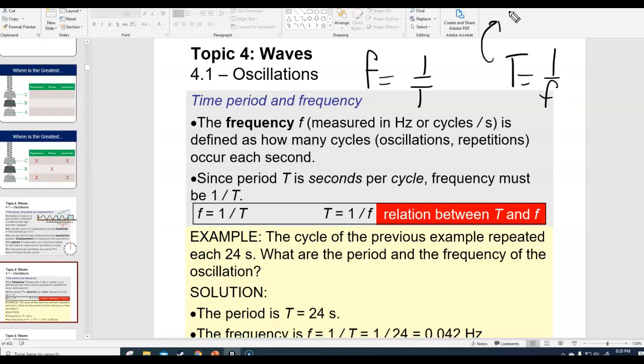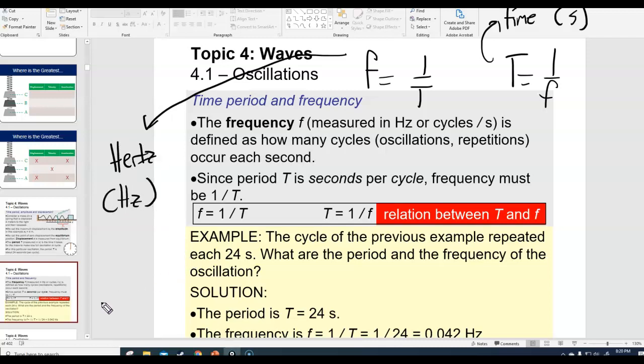Period is a unit of time, and so usually it's measured in seconds. Frequency is measured in cycles per second, but the name we give for that unit is hertz, Hz. So 2 hertz would be 2 cycles per second. If you know the period, you automatically know the frequency.